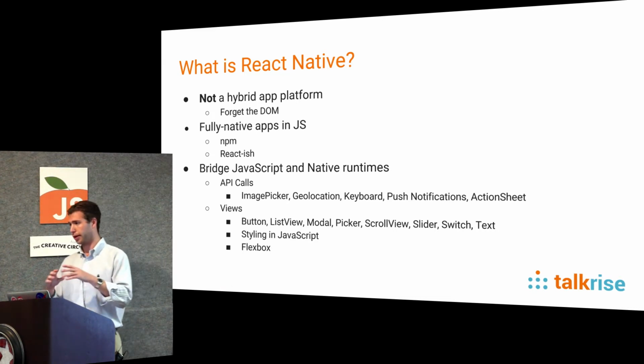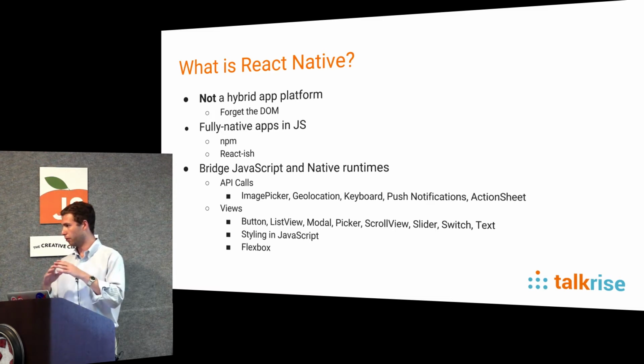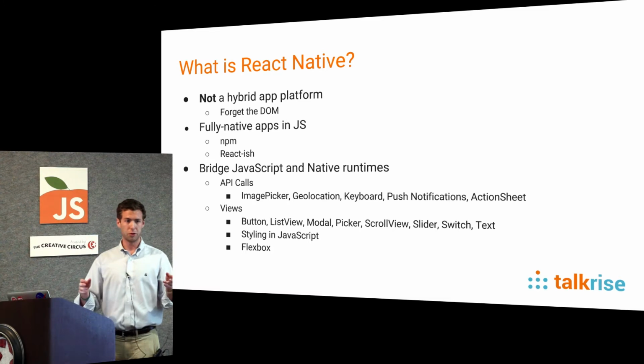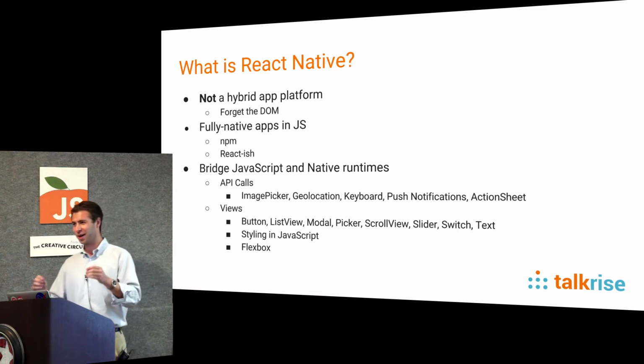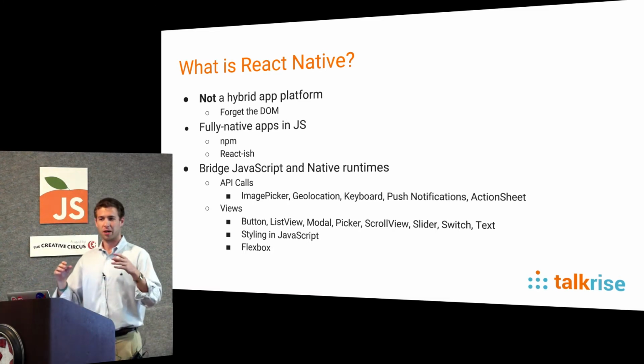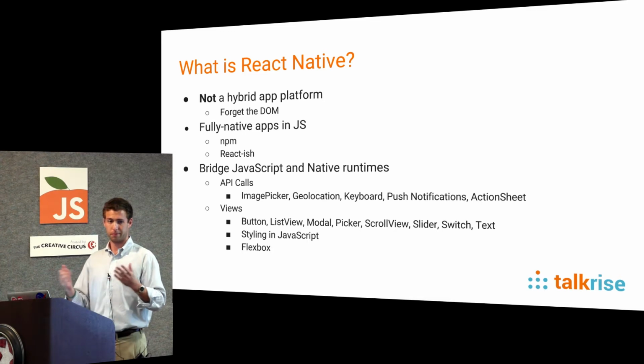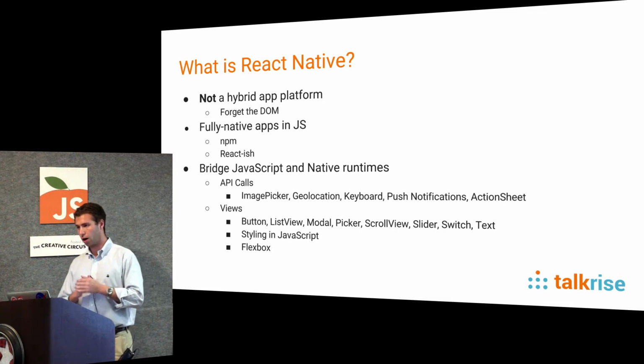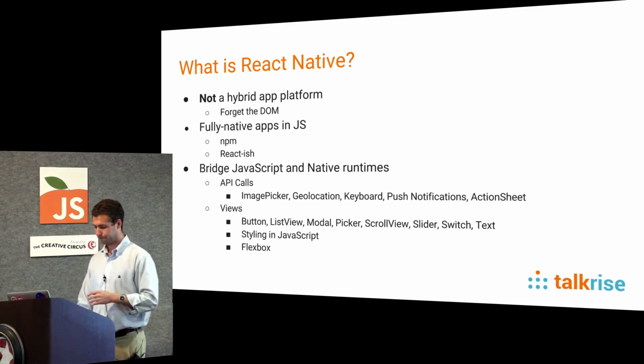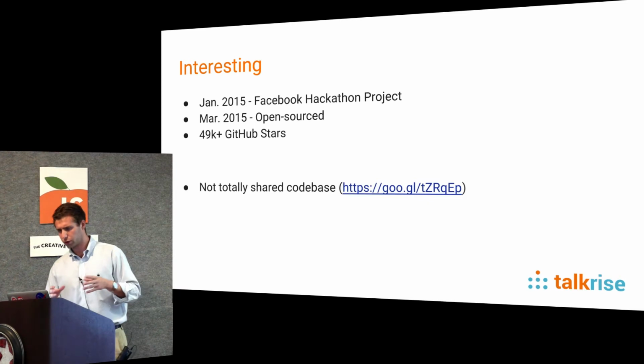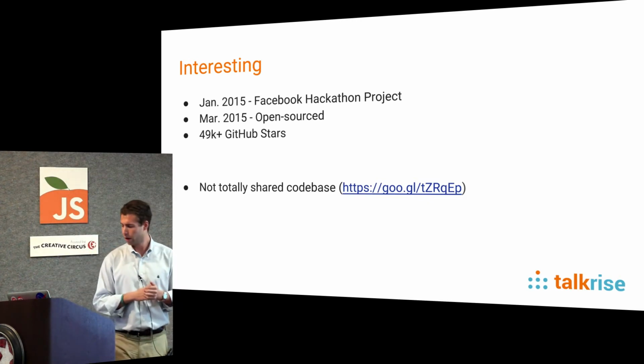Also, you should note that because there is no DOM and no CSS specifically, all your styling is in JavaScript, which is actually way better, in my opinion, because you can kind of write functional CSS, if that's your thing. Also, we use Flexbox for layout.